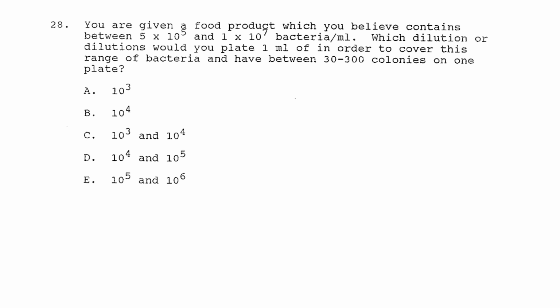So you are given food that has this range, right? So 5 times 10 to the 5th and 1 times 10 to the 7th. Again, kind of like the last time, we want to plate 1 mil of this. We want our final dilution to give us between 30 and 300 colonies on a plate.